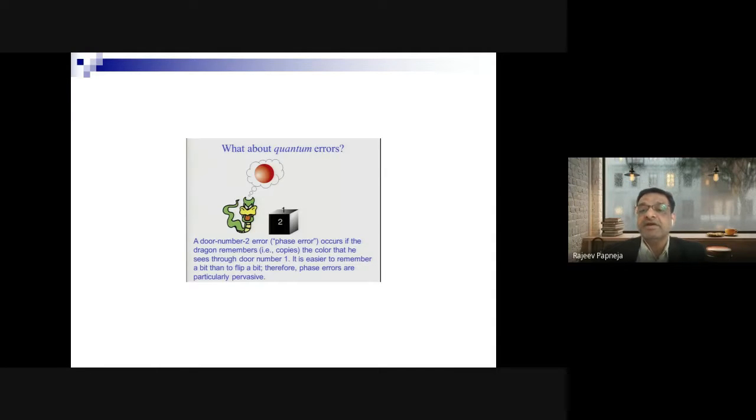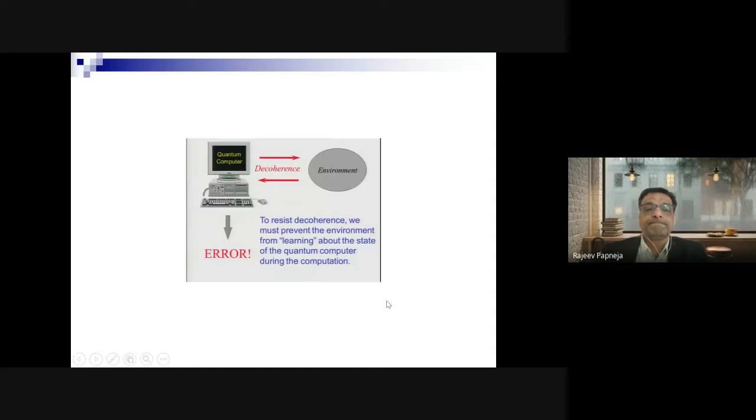Now, because it's typically easier to remember a bit than to flip a bit, these phase errors are particularly pervasive and problematic, and we have to prevent them. To resist decoherence and make a quantum computer work, we have to prevent the environment from learning anything about the state of the quantum computation during the computation.